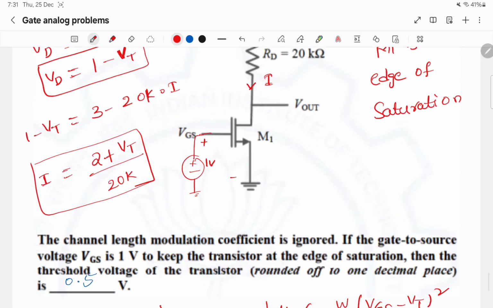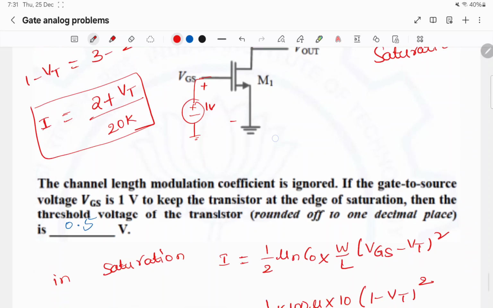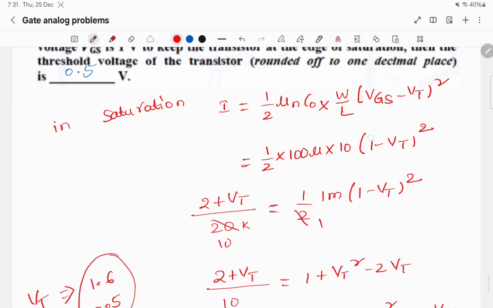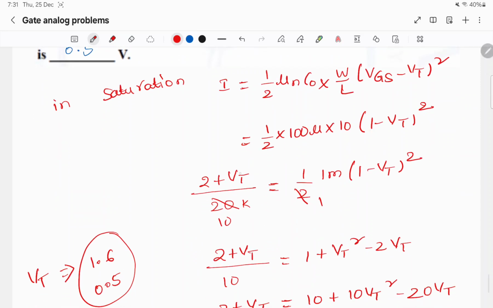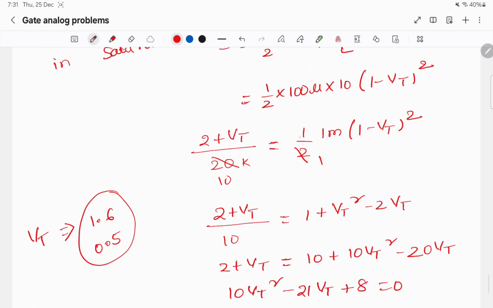So if I simplify the above expression, if I bring this 20k into I to this side and 1 minus Vt to the other side, it will be 2 plus Vt. If I bring 20k down, I will be 2 plus Vt by 20k. I will equate the current with this expression, and the current is half into 100 micro into 10, which is 1000 micro, which is 1 milli.